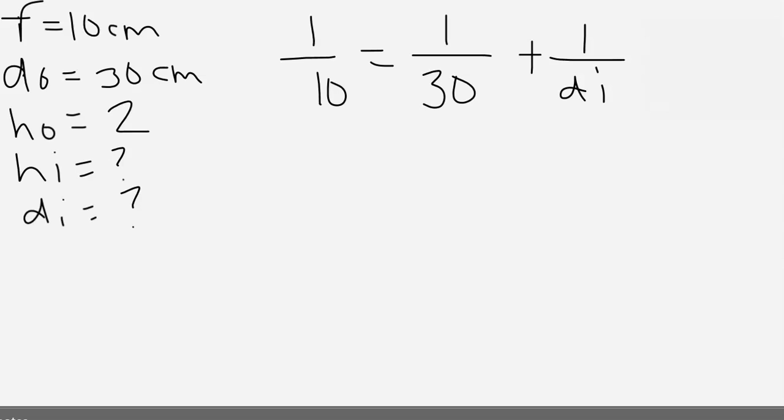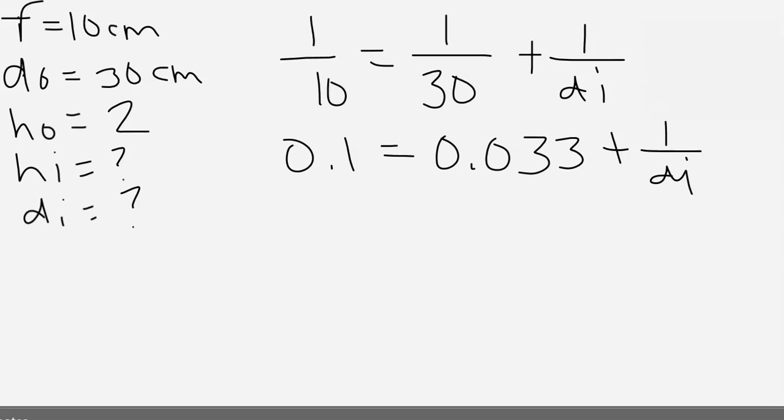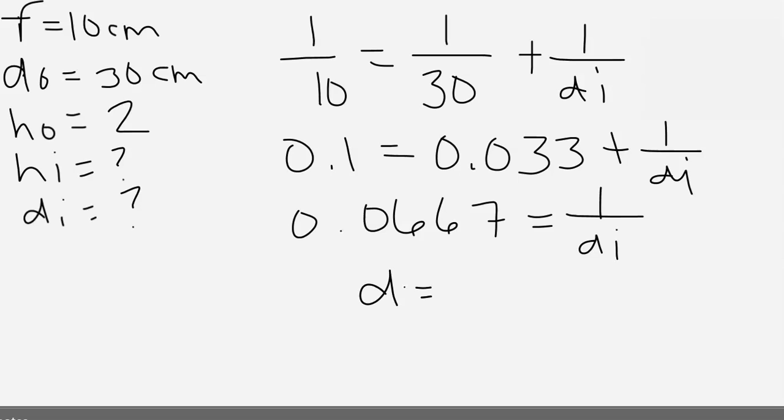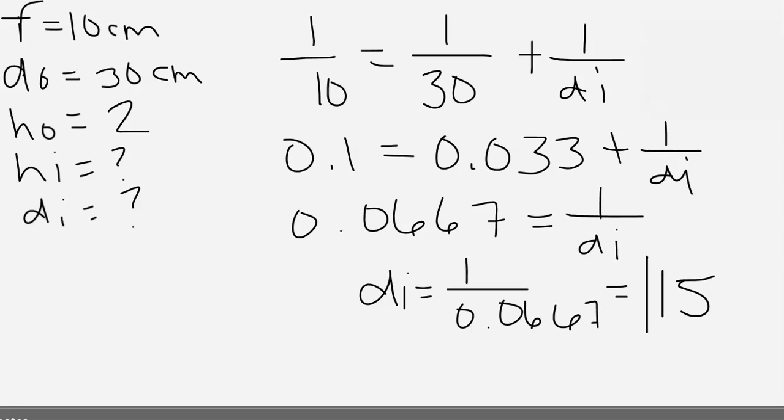So 1 over 10 minus 1 over 30 gives 0.0667, which is 1 over DI. That means your DI is equal to 1 over 0.0667, so DI should be 15 centimeters. And that's positive, so that checks out.